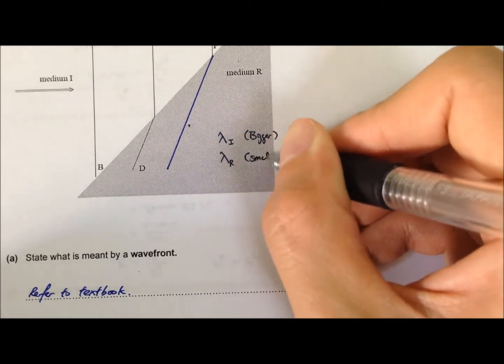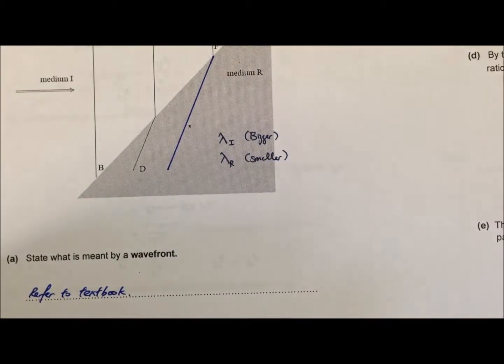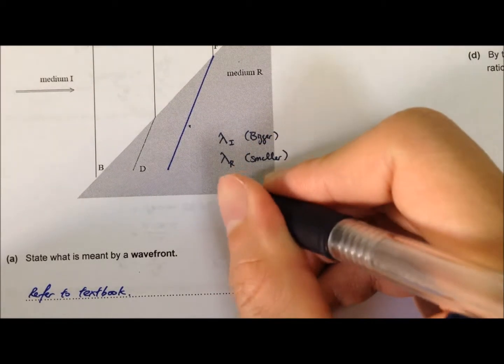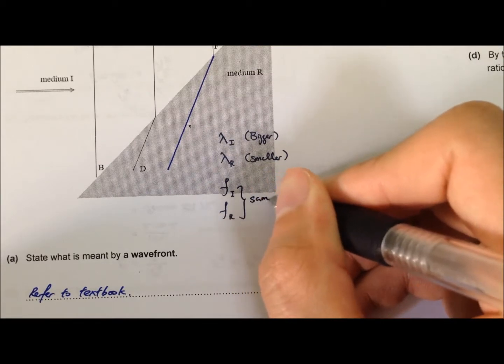This is smaller. Now, when you are sending a wave out, the frequency of the wave is controlled by the source, how fast you vibrate. The frequency will not be changed by the medium. The medium can only change the wavelength, but the frequency will be the same. So the frequency of I and the frequency of R are the same.